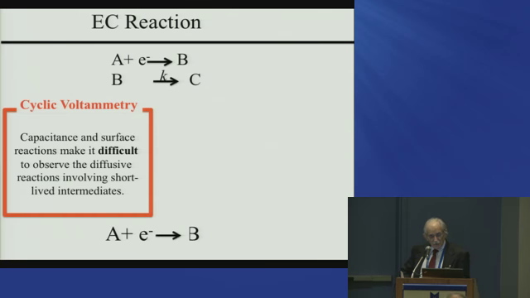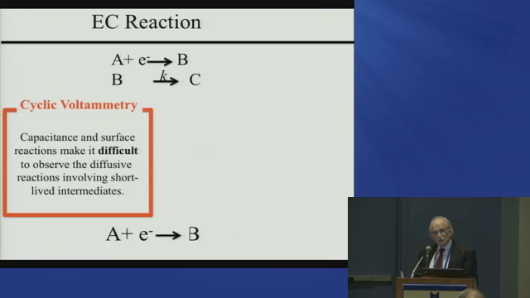If I, say, oxidize platinum to platinum oxide, gold to gold oxide, or I have other surface reactions, I also have those going on. And the difficulty is that whereas solution reactions go as the square root of scan rate, surface reactions are proportional to scan rate. And so as you increase the scan rate, surface reactions become more and more important.